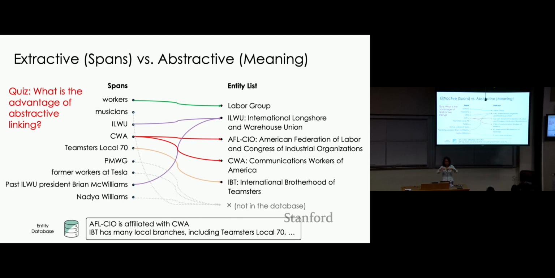But you have to know. How do you know that CWA is actually affiliated with AFL-CIO? If you don't note that it is affiliated, then when you do the summaries on AFL-CIO, you will get it wrong. So this is very difficult, but you have to do that.